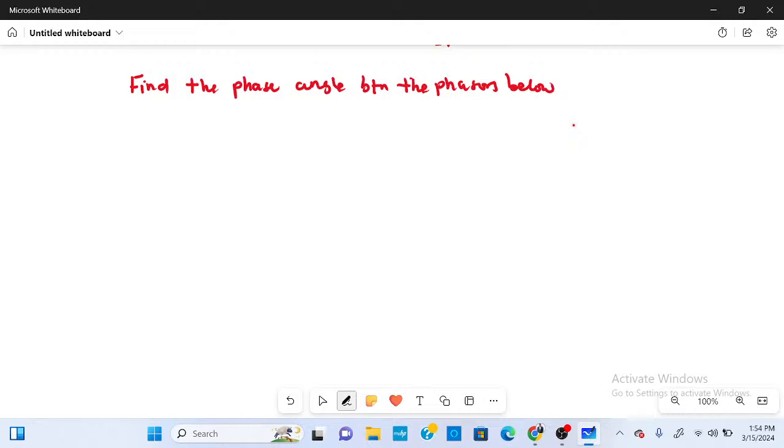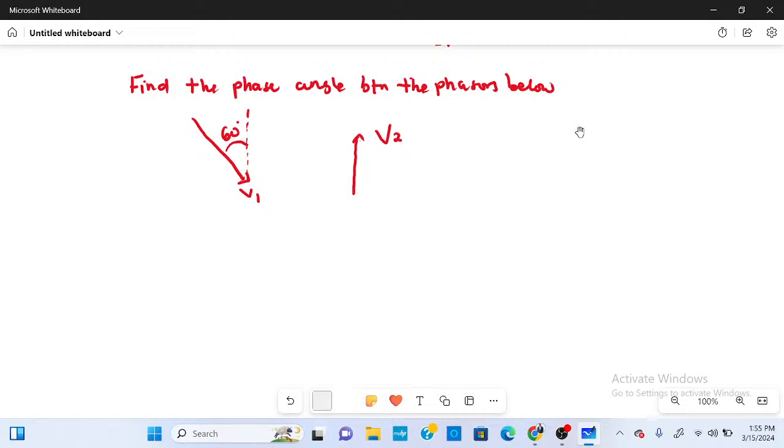To find the phase angle, I have one phasor this way, at an angle of 60 from the vertical. So this is V1. I have another phasor which is V2. So the problem is to find the phase angle between the phasors below.